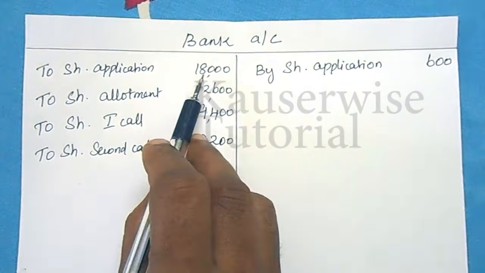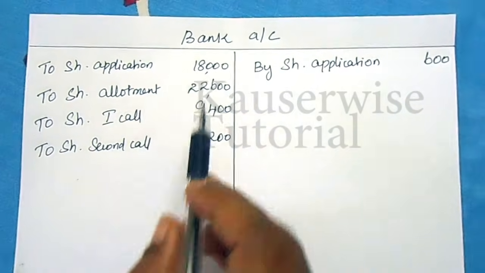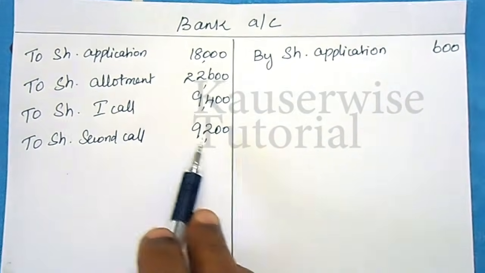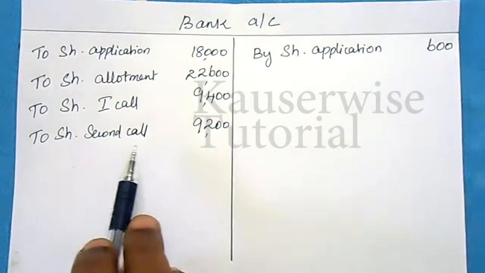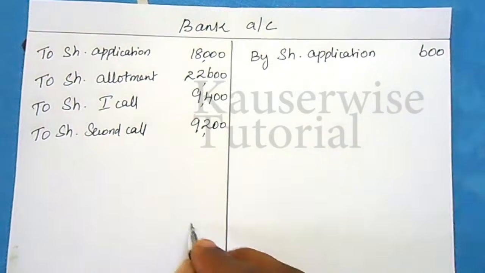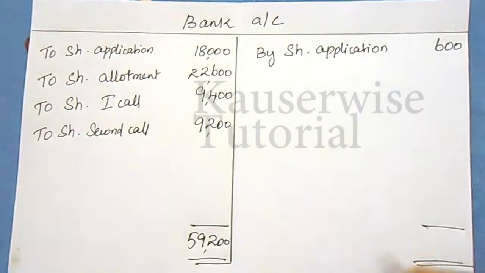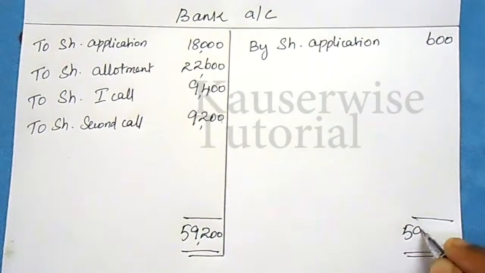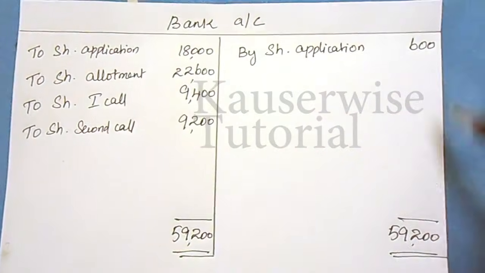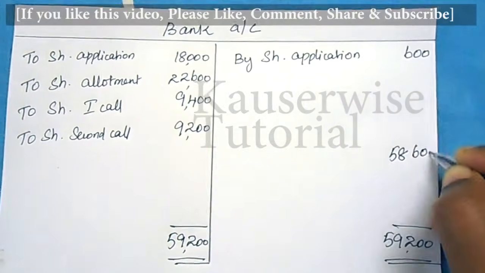We have received 18,000 on share application, 22,600 on allotment, 9,400 on first call, 9,200 on second call, and 600 rupees rejected. Those are the entries we have made. Now get the total, 59,200. Enter the same amount here also, 59,200. Now get the balancing figure, 58,600.